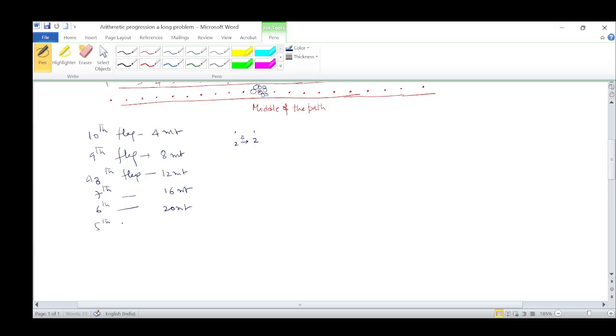5th is 24 meter. 4th is 28 meter. 3rd would be 32 meter. 2nd would be 36 meter, and 1st would be 40 meter.